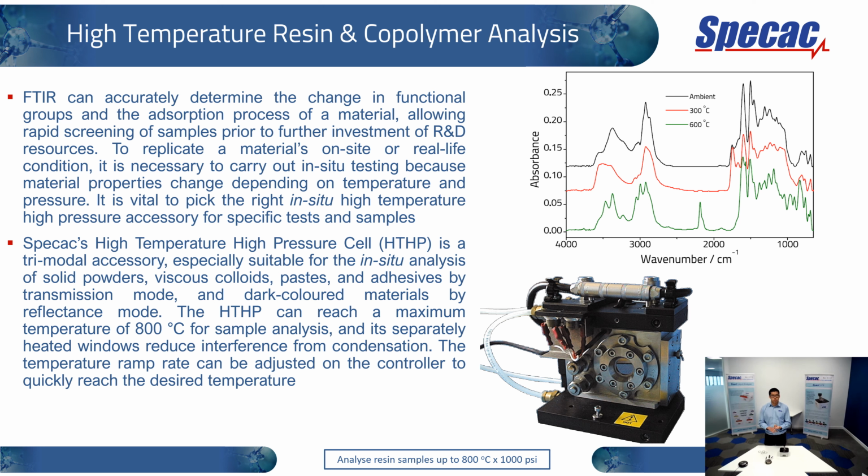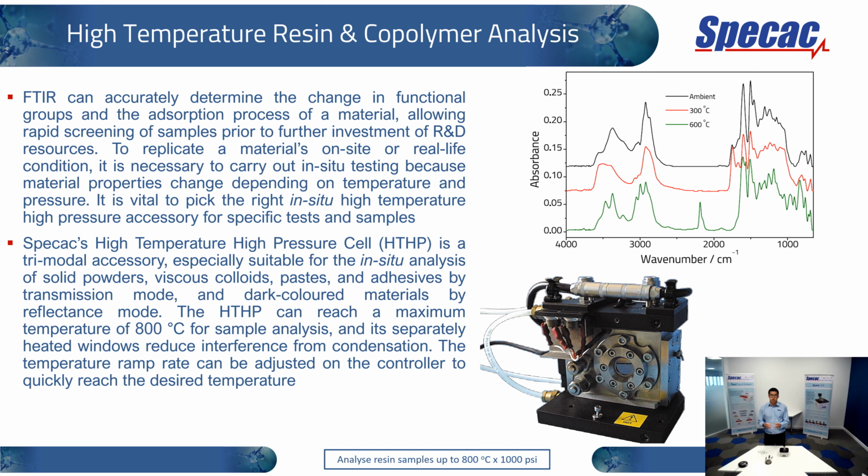So it's got a transmission mode, reflectance mode, and also decomposition mode, where you're just analyzing the vapors coming off your sample. And it's ideal for in situ studies where you want to be replicating real world conditions. So in this particular application, we looked at the analysis of a viscous liquid, like a resin, and you can analyze that.